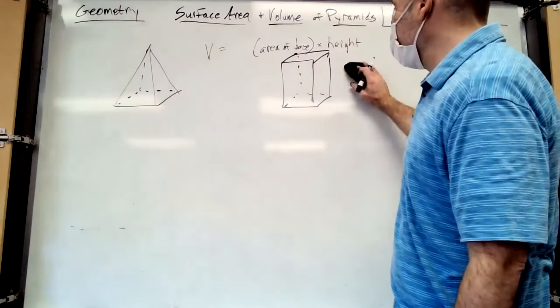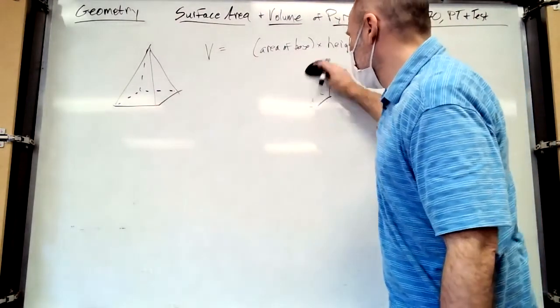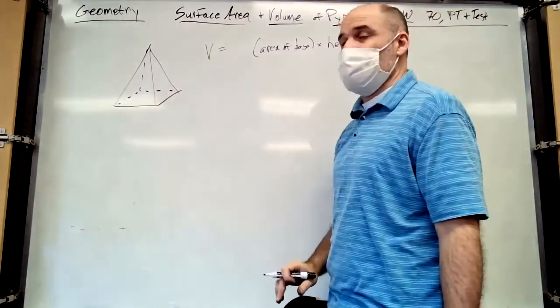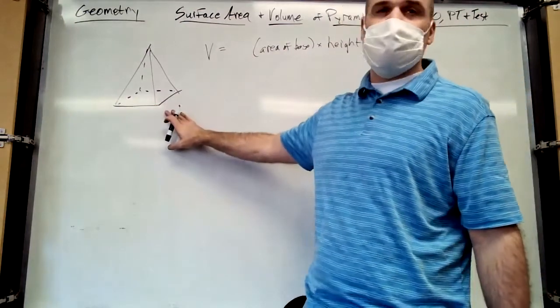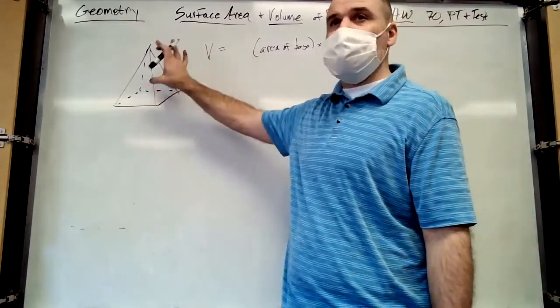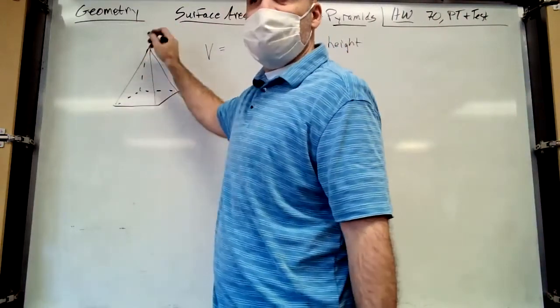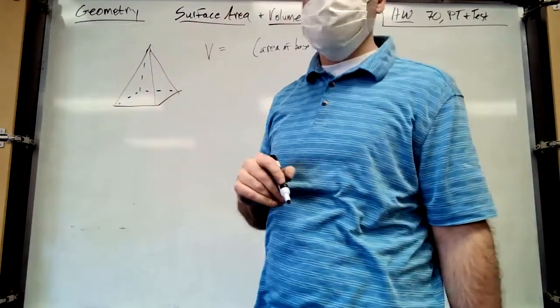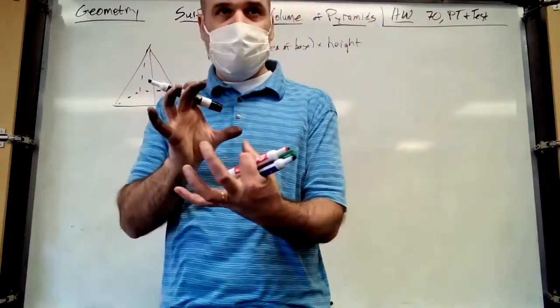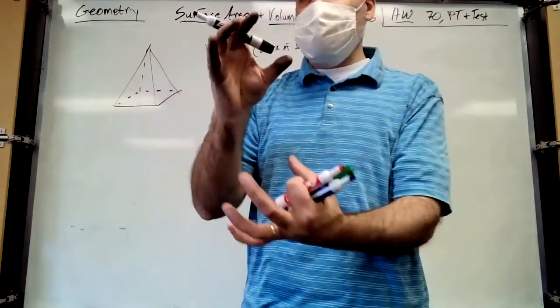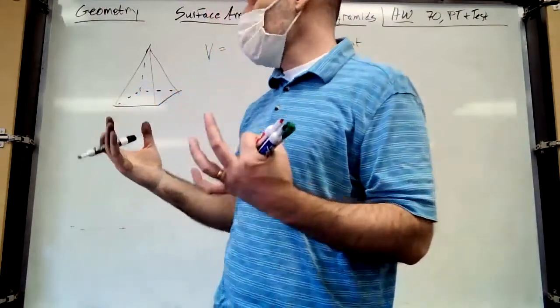But for a pyramid, that gets smaller. So technically, if I wanted to, I could grind this to dust and fit 3 of these inside of that prism with that same height. Okay? Now you couldn't take the solid pyramid and fit 3 of them inside of that prism because it doesn't work that way.